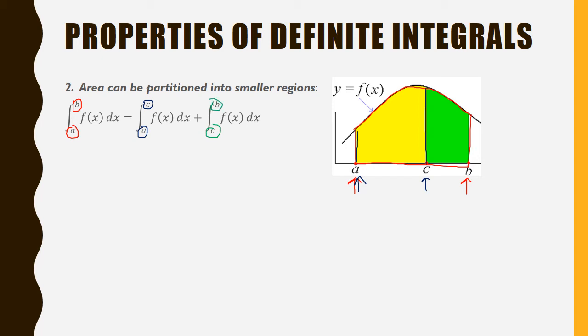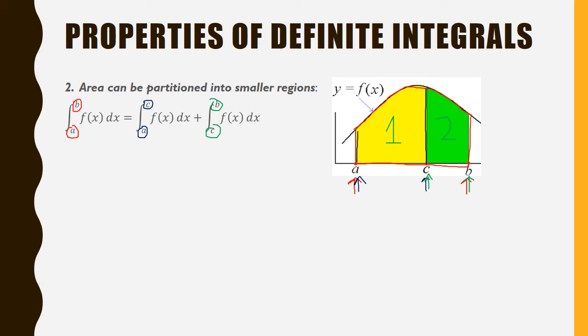And where's c to b? So c starts where the first one left off and concludes that interval. So in other words, the whole shaded area is the sum of number 1 plus number 2. So it's just a matter of dividing that whole area into two smaller areas.